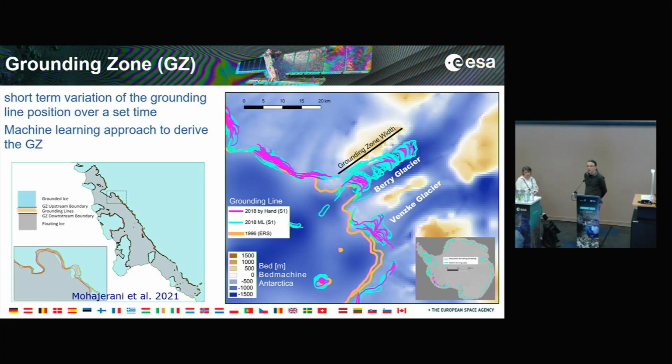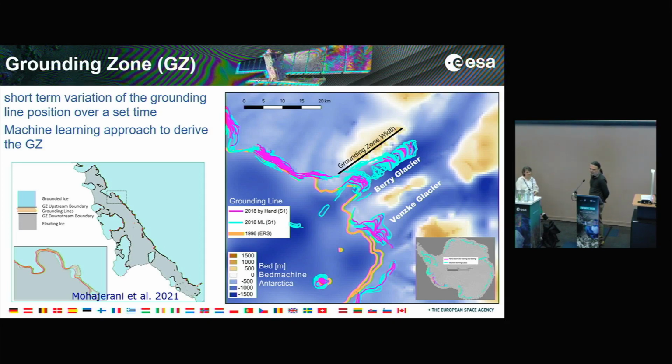And we started seeing short-term changes that we still think are caused by tidal modulations, that the grounding line moves back and forward based on the tide. And Thomas mentioned the term grounding zone, and I think the community needs to come to terms on this.